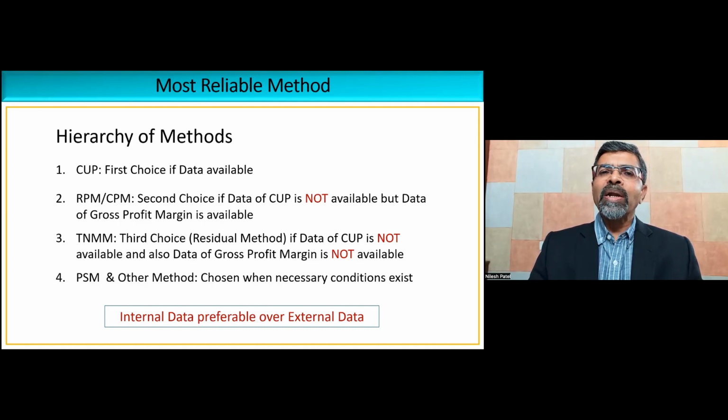And if internal data is not available because the same related party or any other entity of the same MNC group is not entering into similar transaction, then we have to find data from external databases, that is called external data. Internal data being more reliable is preferable over external data.